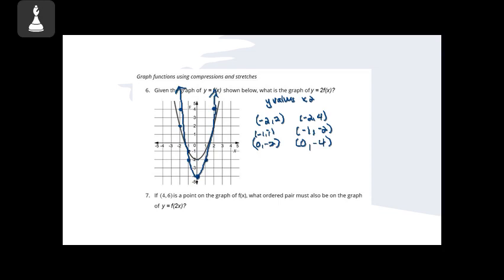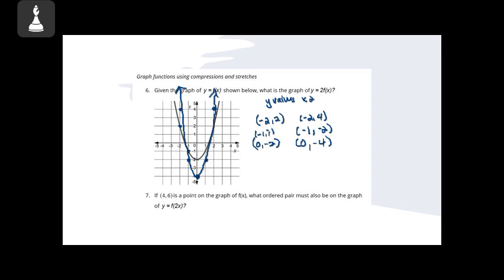What if they give us the point like this? We have (4, 6), and they want us to find an ordered pair such that y equals f of 2x.